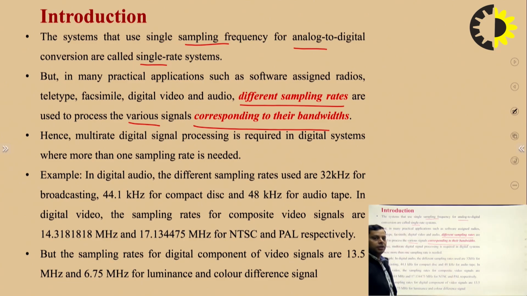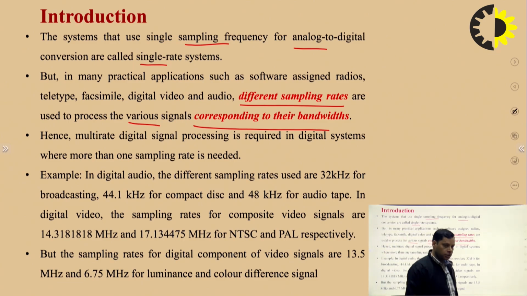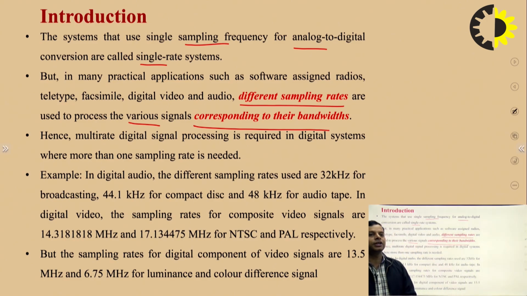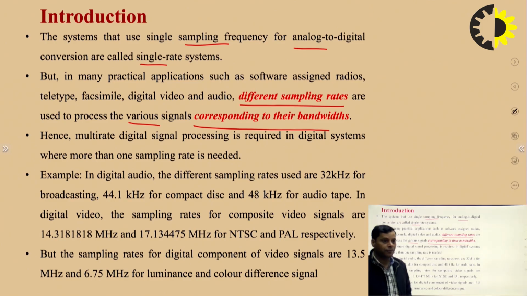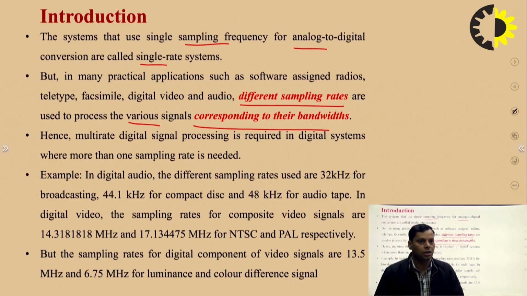So, the major concern that comes here is what the solution is if we are using different sampling frequencies. How can it be possible? Because every function uses different frequencies for transmission and their respective bandwidth.